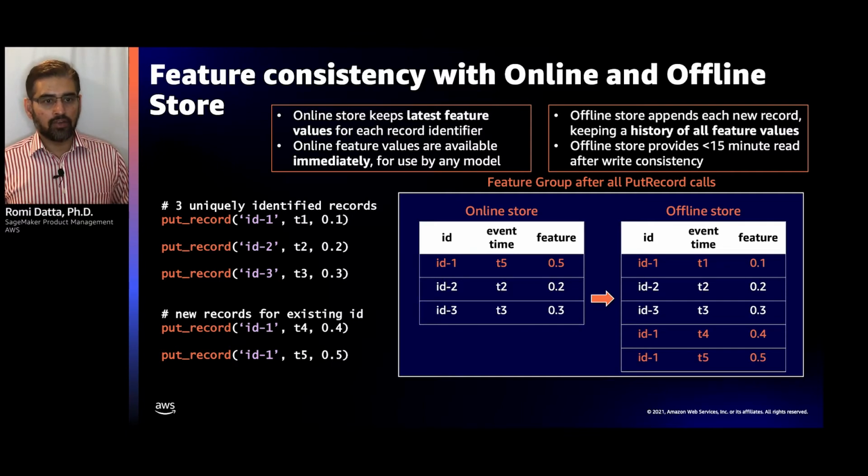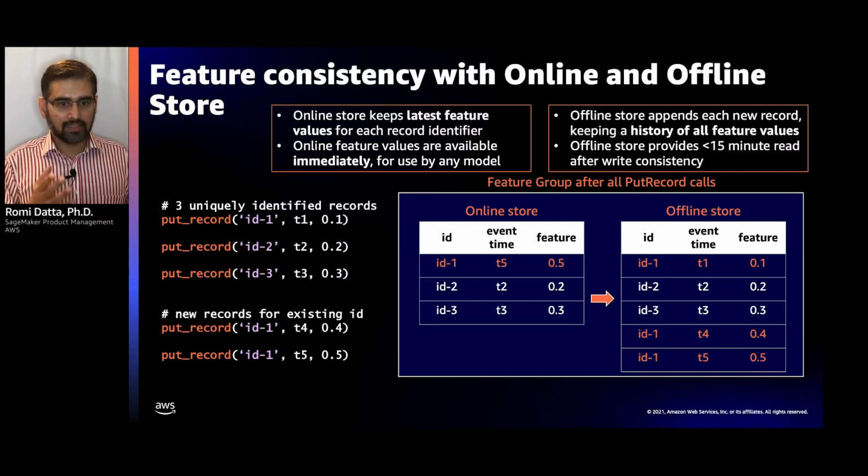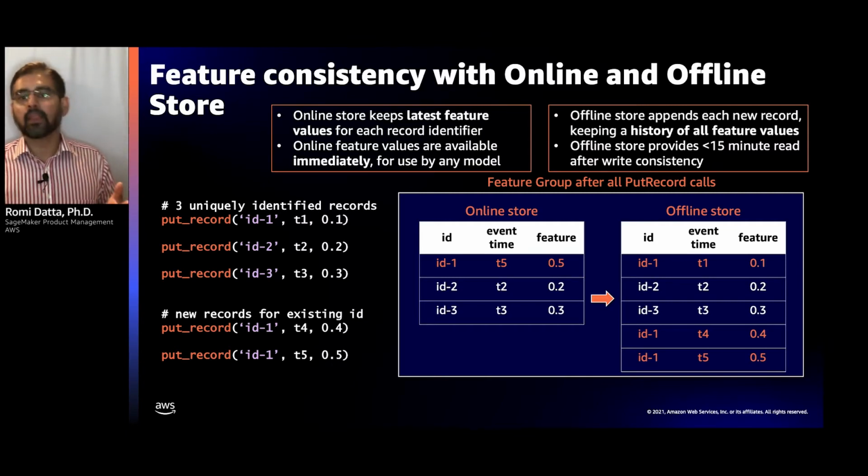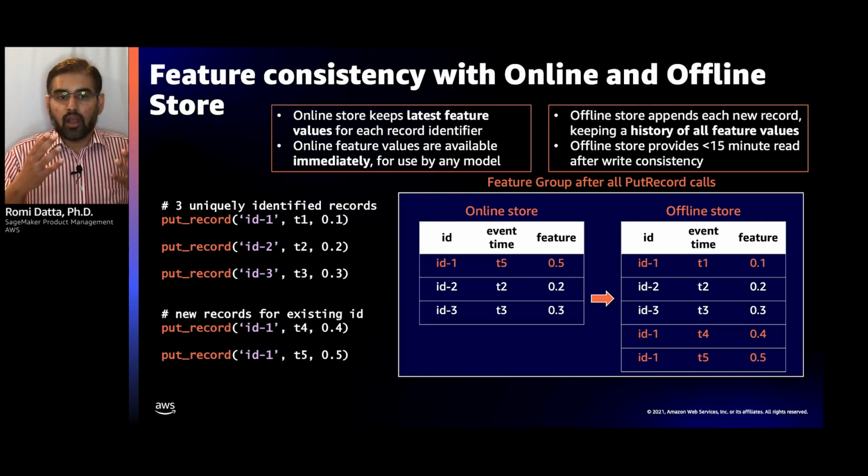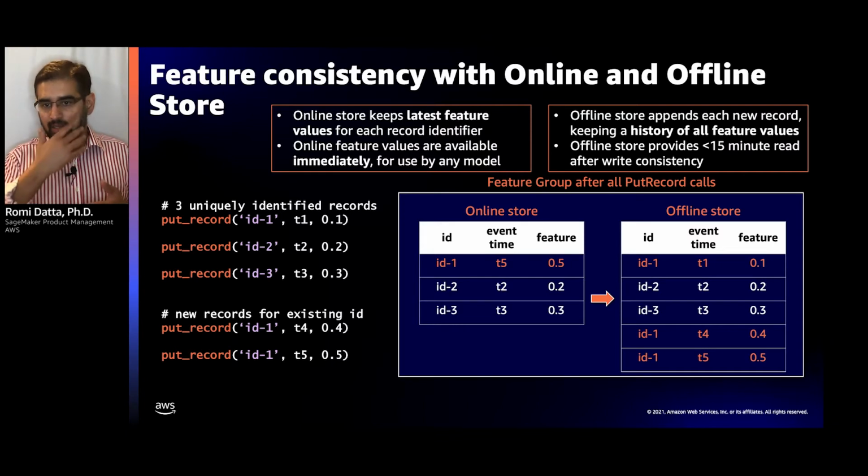When you write to a feature group which has been configured as online plus offline, the online store keeps the latest feature values for every record identifier. And these values are available immediately for use by any model with latencies of up to single digit milliseconds. After finishing writing in the online store, the features are replicated into the offline store.